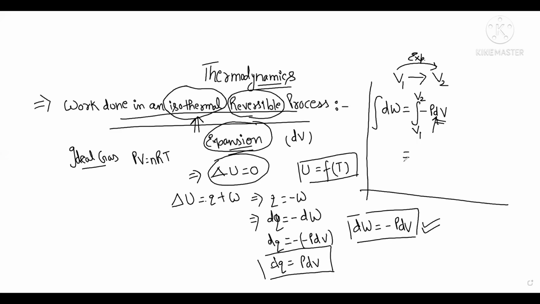We know the ideal gas equation is PV equals nRT, and from here we can take out the value of volume: V equals nRT by P. The value of P can also be taken out of this: P equals nRT by V. So instead of putting the value of V, we should put the value of P in this.